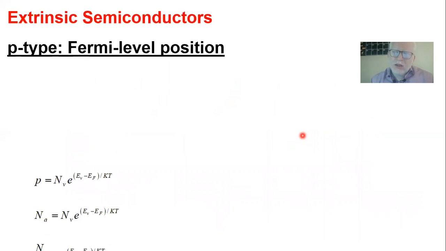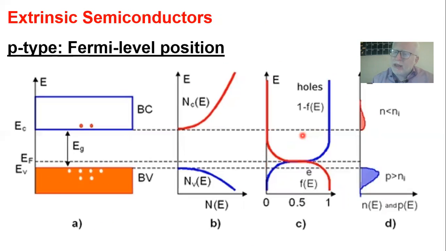Then we go to the p-type case again. Now, as you can see, the probability to find an electron is the red curve. The probability to find a hole is the blue curve. Again, it's shifted downward toward the valence band, but it still has the same mathematical meaning, that the probability to find an electron is 50%.